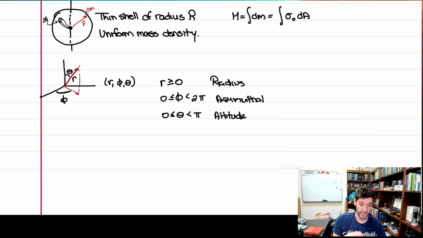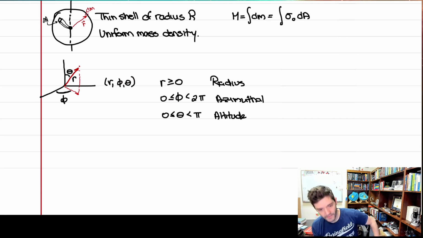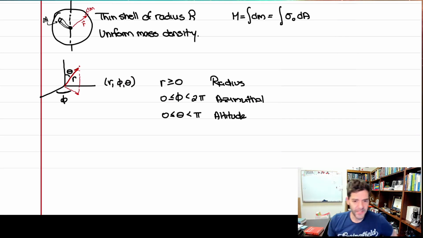If I want to do integrals now, writing these down as vectors, we did the cylindrical version of writing these down as vectors and taking derivatives. You could do the same thing, of course, with spherical coordinates. It's a bit of a mess, and I don't think we'll actually need it for anything. So let's not worry about writing vectors within this coordinate system. Though if we want to do integrals, of course, we need to know what the 2D and 3D elements are with spherical polar coordinates.